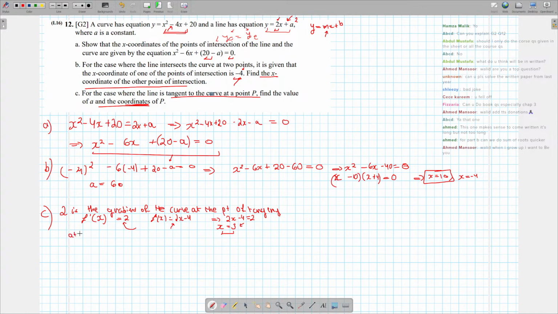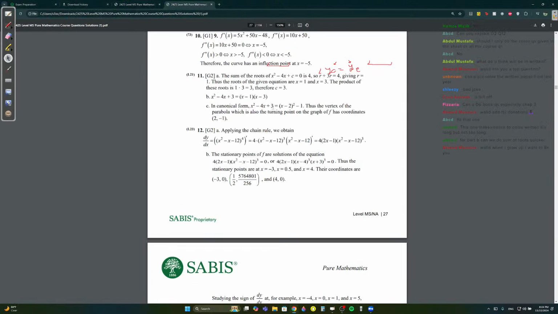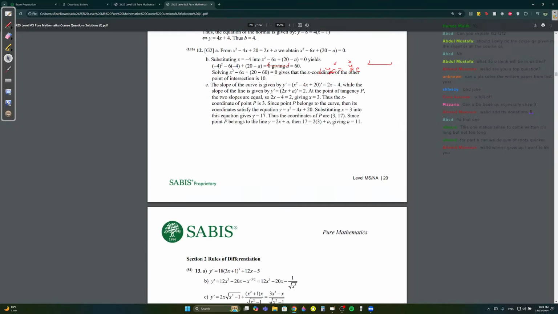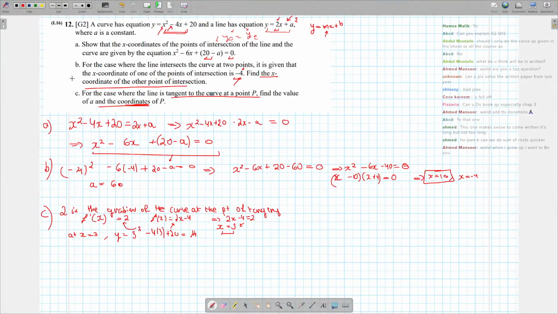At x equals 3, y equals 3 squared minus 4 times 3 plus 20. 3 squared is 9, 9 minus 12 is minus 3, plus 20.